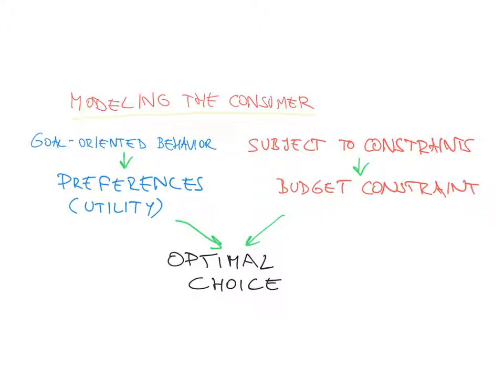That's where we want to get by the end of the class today. And then, of course, from that optimal choice, we get the demand curve, right? That's where we started. We started with, do we understand the demand curve? Well, we understand it a little bit, but now we will really understand it. We will understand exactly where it comes from.